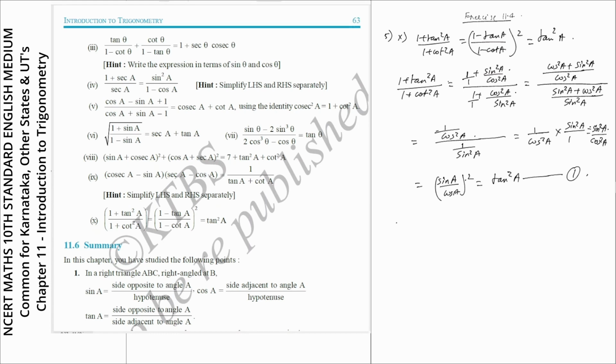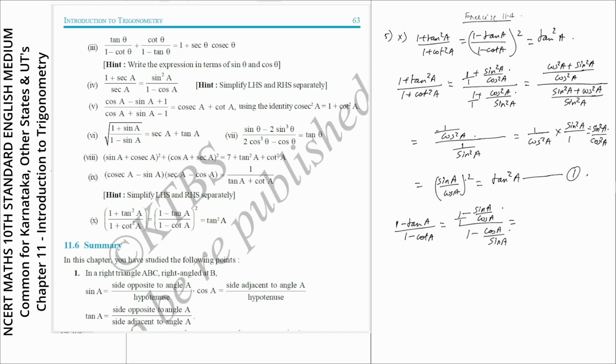Now I'll take the middle term, which is 1 minus tan A by 1 minus cot A. So now I'll substitute tan A is equal to sin A by cos A, 1 minus sin A by cos A divided by 1 minus cot A, which I'll substitute as cos A by sin A. So now 1 means 1 by 1.